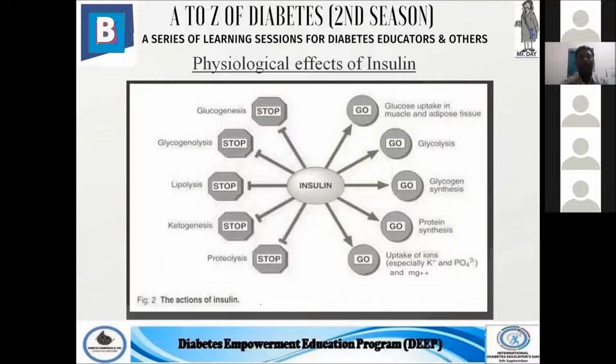Also, it prevents the formation of ketones in the body. On the right hand side, we can see what insulin does. Insulin promotes glucose uptake in the muscle and adipose tissue. Insulin promotes glycolysis, glycogen synthesis, protein synthesis, and uptake of potassium, phosphate, and magnesium in the cell.